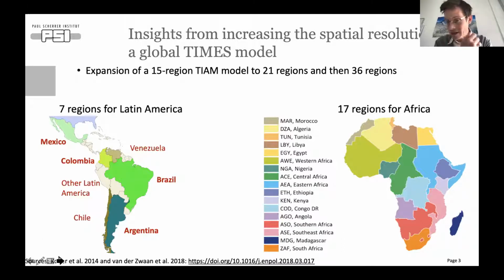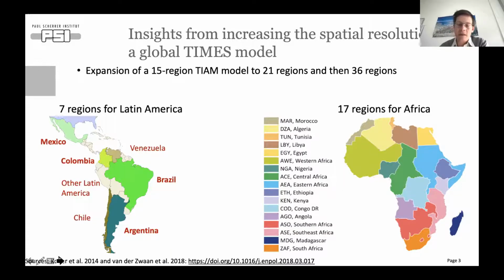And then, of course, we also considered that South Africa is a front runner on the continent in terms of the deployment of the electricity grid or the electricity system in general. So it was clear South Africa needs to be a separate region. And then the regions in Africa are quite heterogeneous with regards to the resource availability.